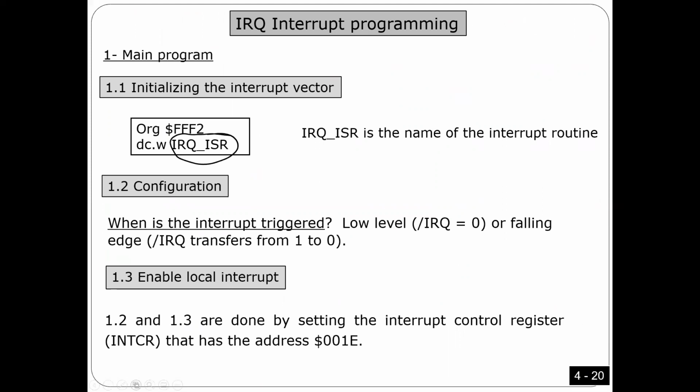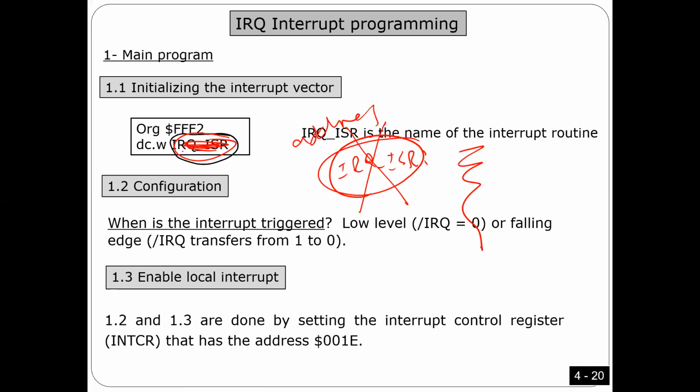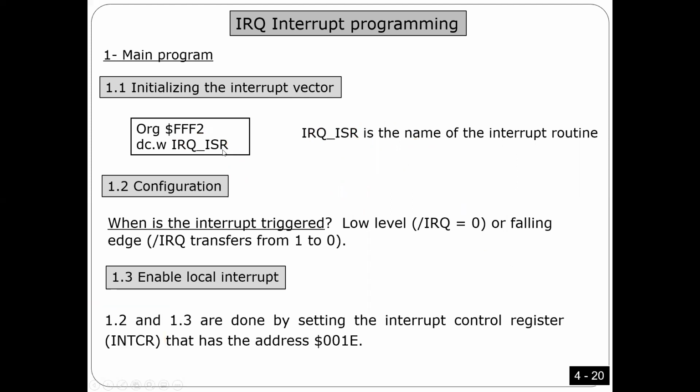You can put any name, but whatever name you put, you have to put the same name here, because this name is going to be replaced by the address. You have to use this instruction, and this should be the name of your subroutine.